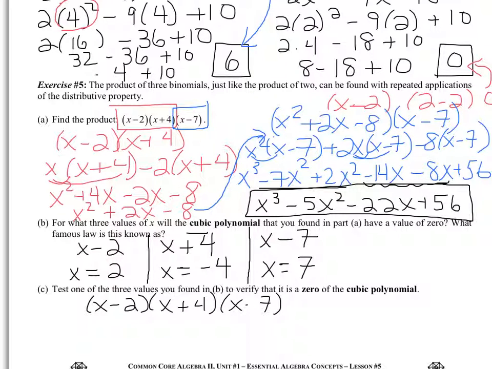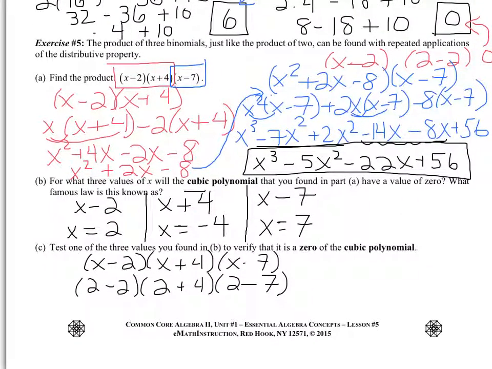I'm going to plug in 2, so I'd have 2 minus 2 times 2 plus 4 times 2 minus 7, which of course is going to end up giving me a factor of 0, and it really doesn't matter what the other numbers turn out to be because that product in the end is going to end up being 0.